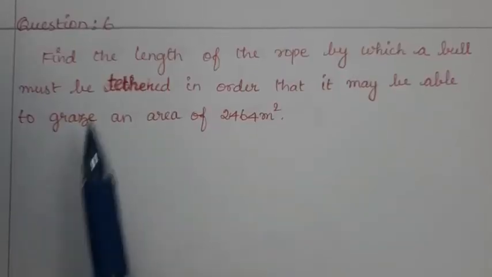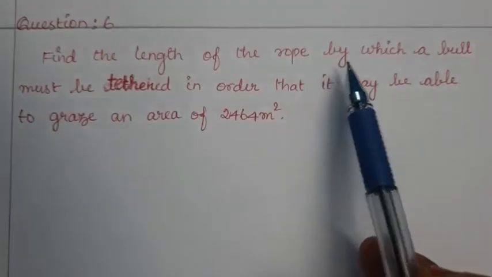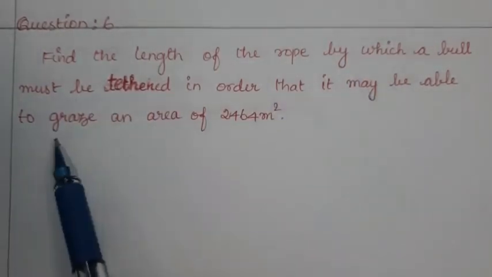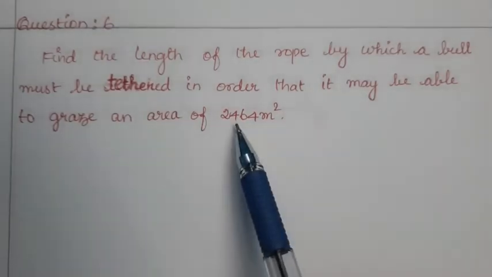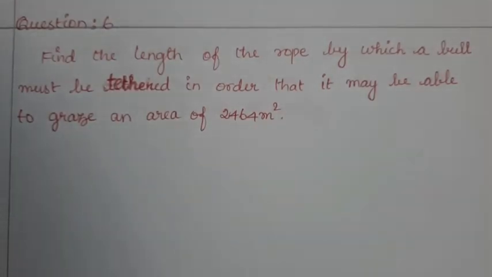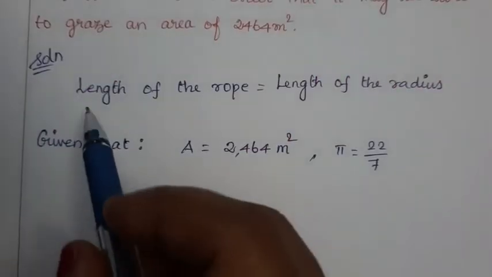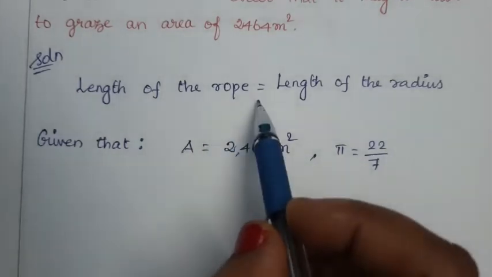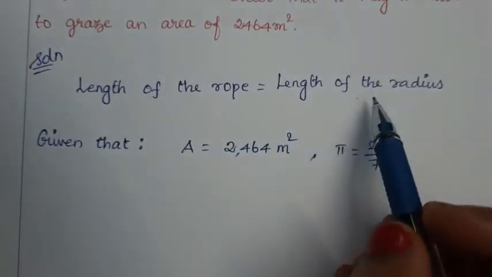Question number 6. Find the length of the rope by which a bull must be tethered in order that it may be able to graze an area of 2464 meters squared. As we learnt in the last question, the length of the rope is equal to the length of the radius.